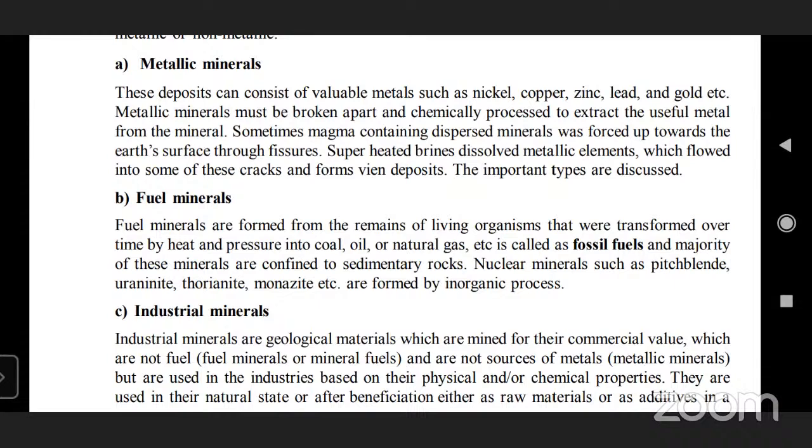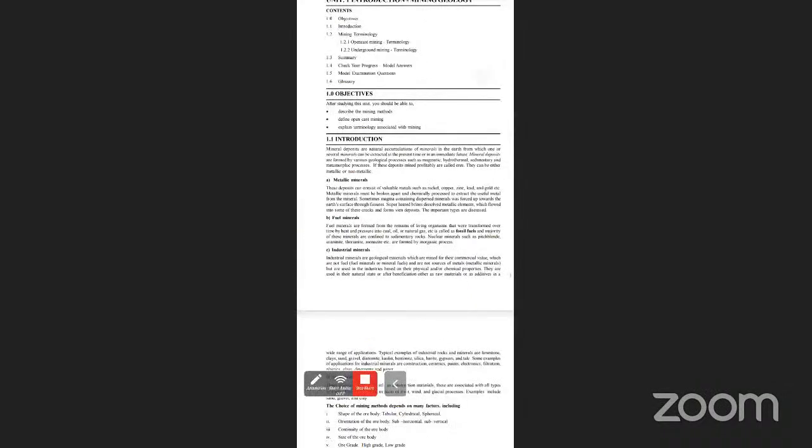The fossils are the remains of plants and animal organisms which are preserved.